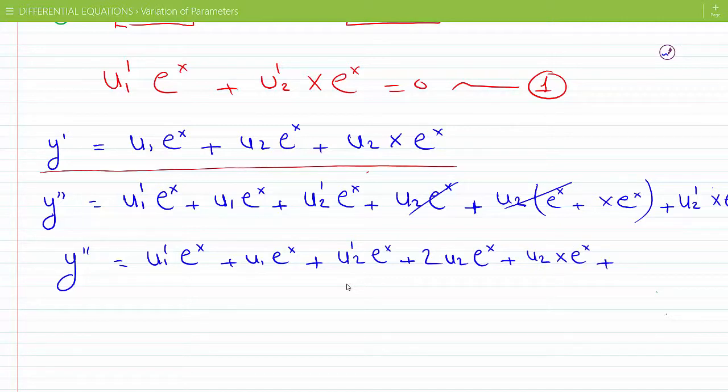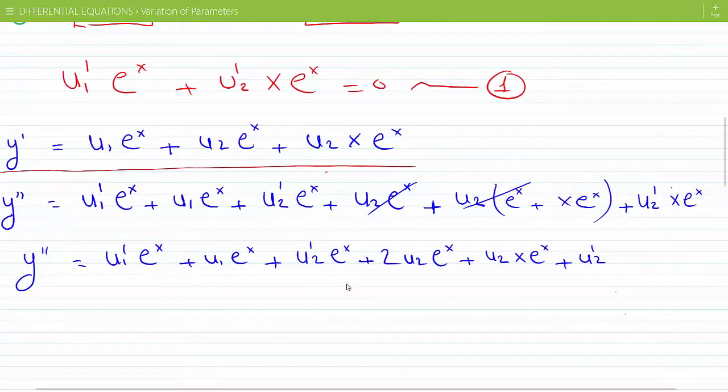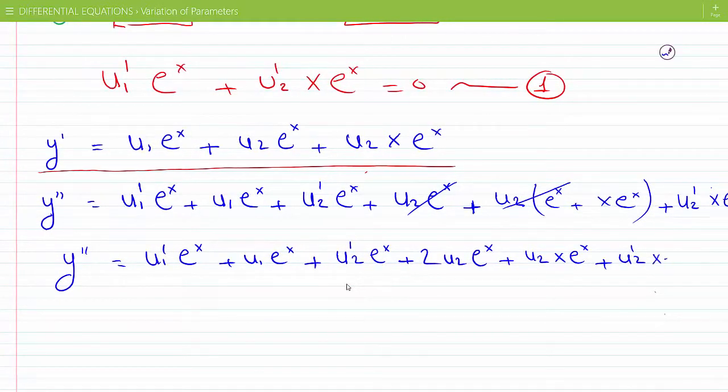And then the last one, which is u2 prime x e to the x.